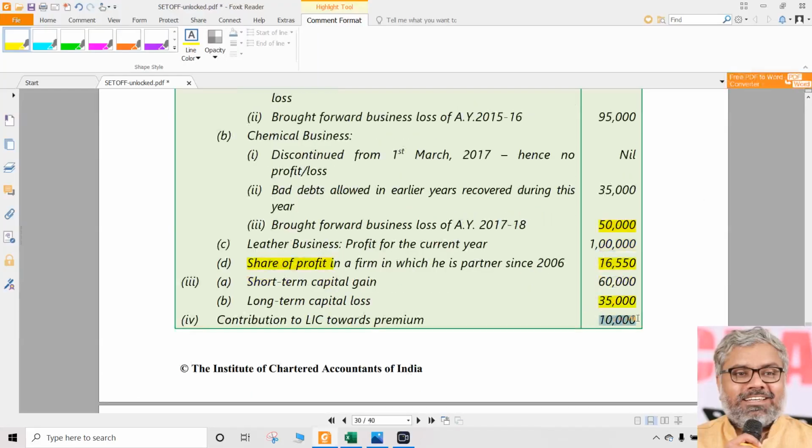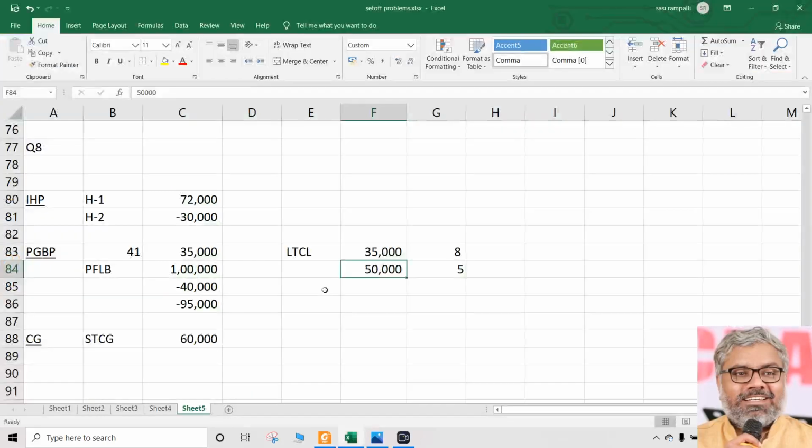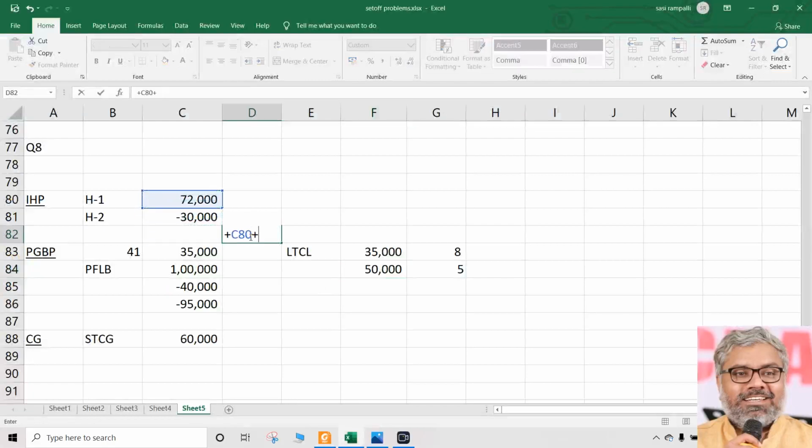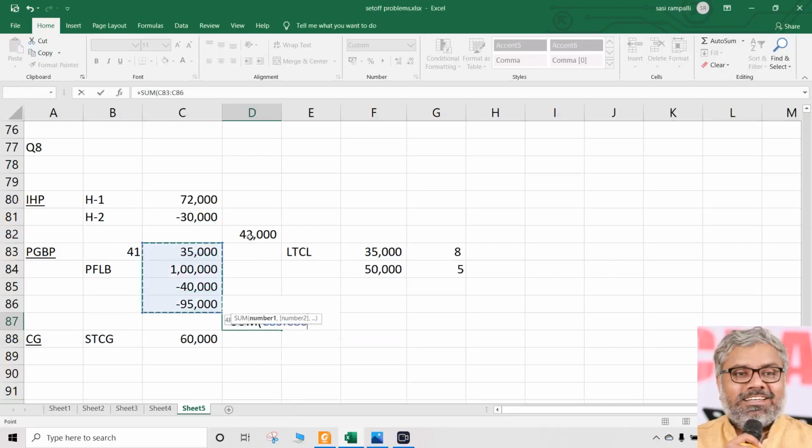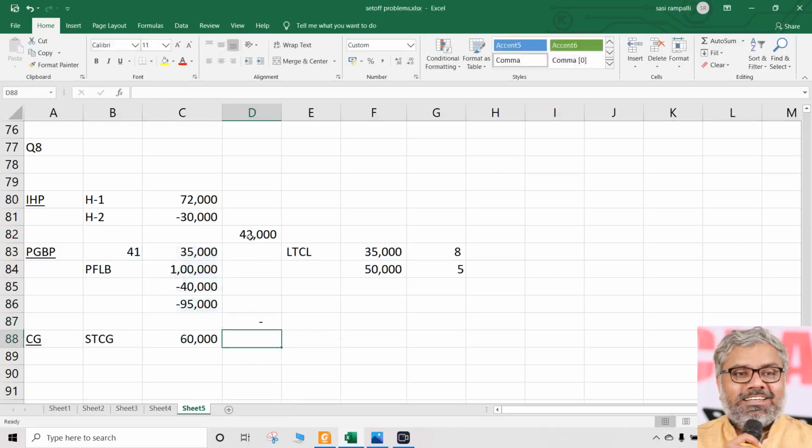Of course, this will be available as the ATC deduction after we calculate the gross total income. Let us calculate the gross total income of the SSC. That is 43,000 here. This is 0. If you take all the total of that, it is going to be exactly 0. And here short-term capital gain as it is, however much it is there.